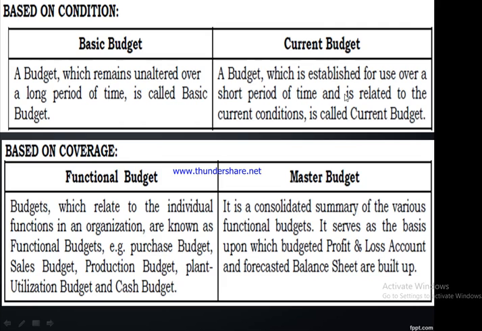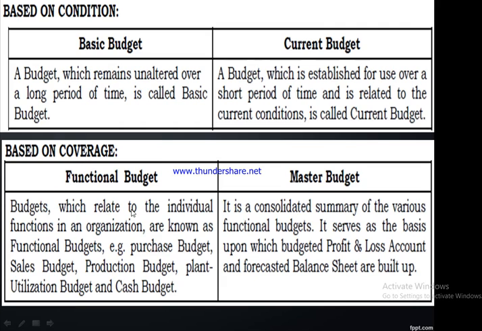A current budget is a budget which is established for use over a short period of time, and it is related to current conditions, which means as and when things change, we require some amount of changes to be made in the budget requirements, so you go forward with a current budget.